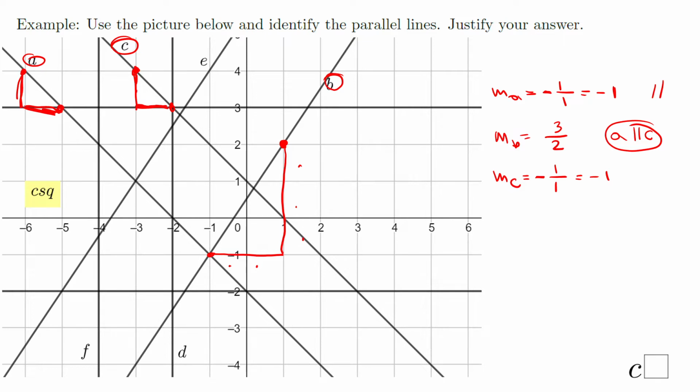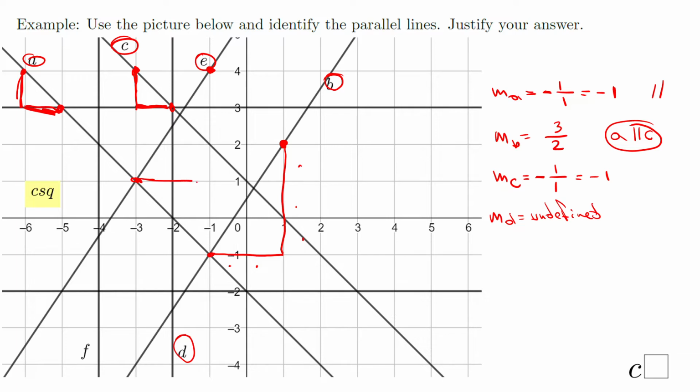Let's go to the next line, line D. Line D is a vertical line. The slope is undefined. Let's go to line E, this one, and I can see 2 points. One is here and one is here.